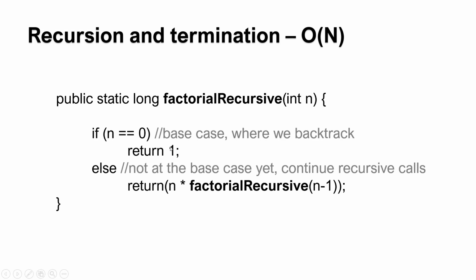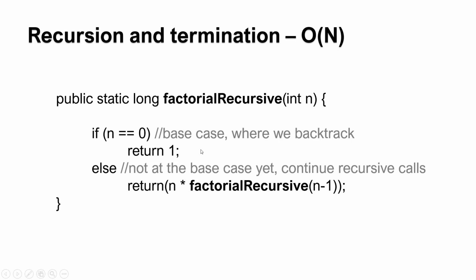So we're going to return 1 here. But if it is higher, we're going to call factorial recursive with the number, and then with the number minus 1. So if we have 2, for instance, we're going to call 2 times factorial recursive and then 1 here. So that is going to also produce a recursive result here, and then we have the base case.